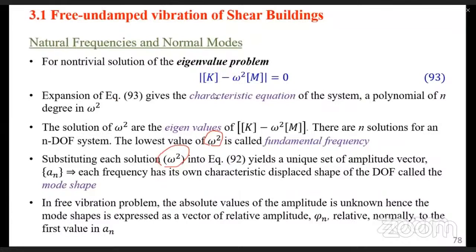So that's the theory or description we are giving to define what we call the mode shape. Remember, in the previous two slides I didn't want to go ahead of myself, because I wanted to describe the term mode shape, the mode of vibration.